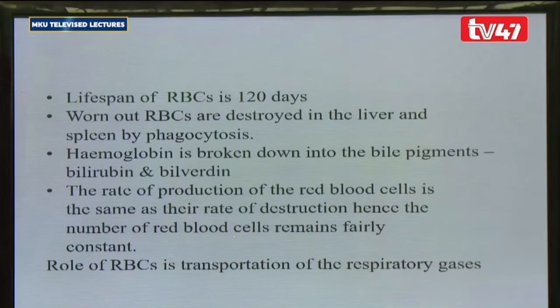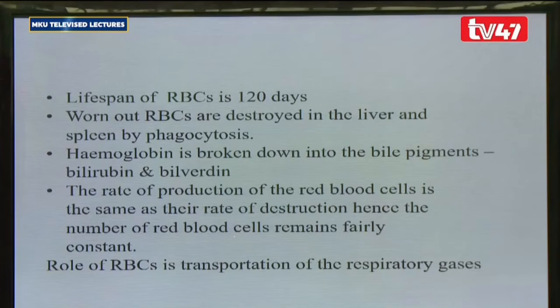When it is worn out, it is destroyed in the liver and in the spleen by cells there that we call macrophages, and the red blood cells are destroyed by the process of phagocytosis. So the red blood cells have a period of being formed that we call erythropoiesis, and there is a time when they are worn out and they are destroyed by phagocytosis.